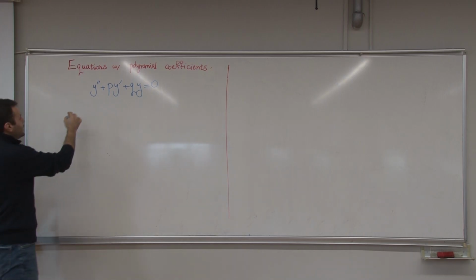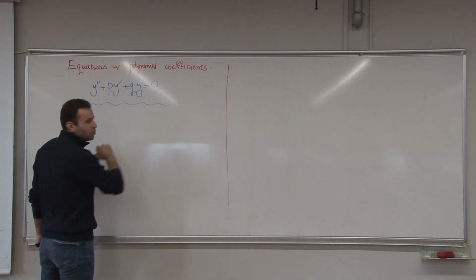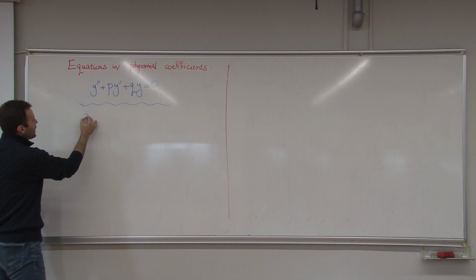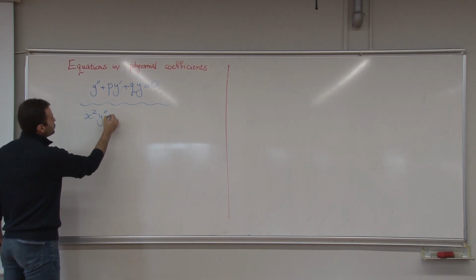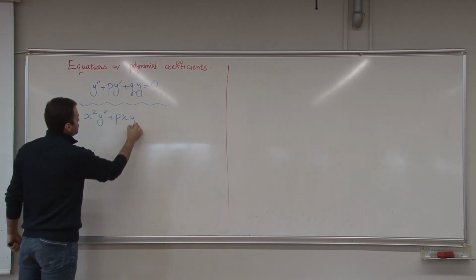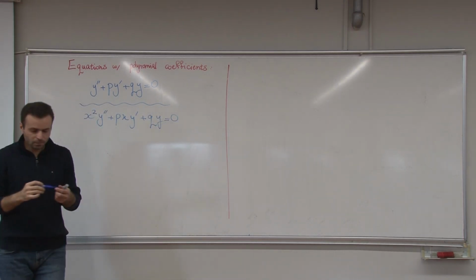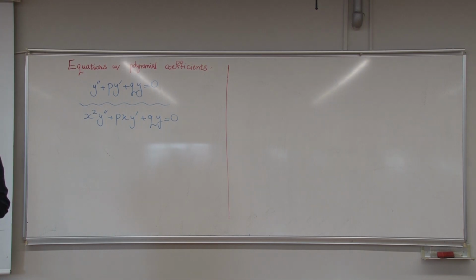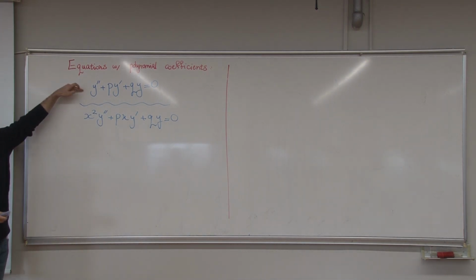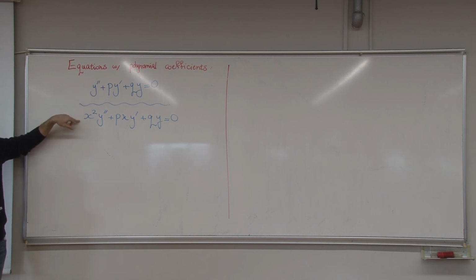The next level of equations were actually equations that had this x to the power of 2, px. You see what is happening? From equation with constant coefficients, we came up to the Euler's equation, or Euler-Cauchy equation.